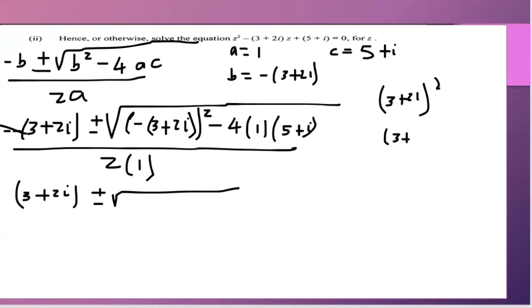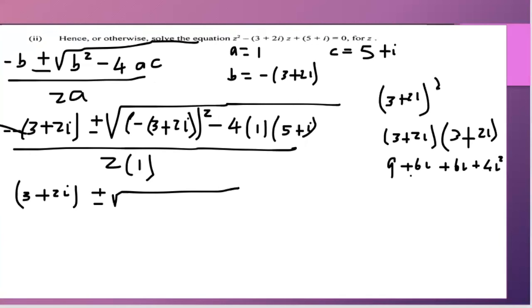So I have (3 plus 2i) times (3 plus 2i). Expanding this, I have 3 times 3, that's 9. 3 times 2i is 6i. 2i times 3 is 6i. And 2i times 2i is plus 4i squared.